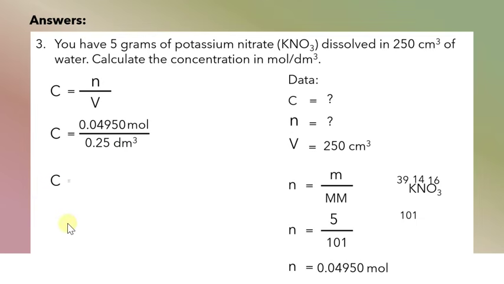Then what you are going to do is to say now 0.04950 divided by 0.25, you get 0.198 mole per cubic decimeter. So meaning that the concentration, we can now put it as 0.198 molarity, like that. So this is the final answer, but we can also put it in this way.